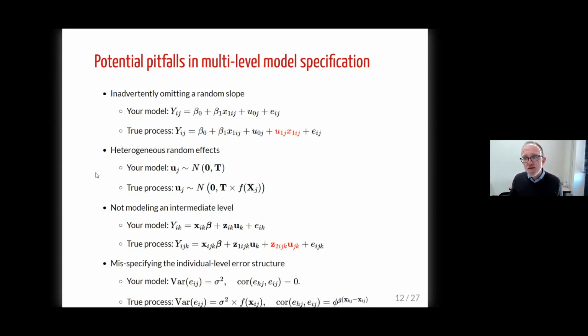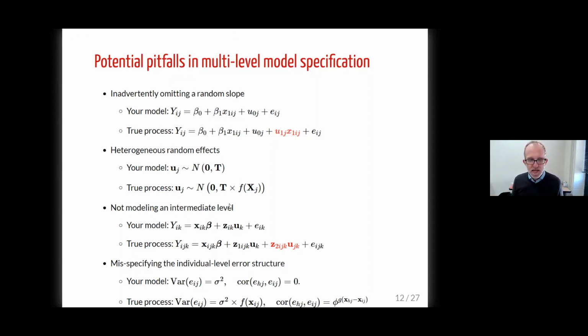And then of course maybe we're also worried that we've misspecified the individual level error structure. We're assuming homoscedasticity and no correlation in level 1 errors when the true process might involve heteroscedastic errors, and maybe there's some sort of structure to the correlation between observations at the individual level.